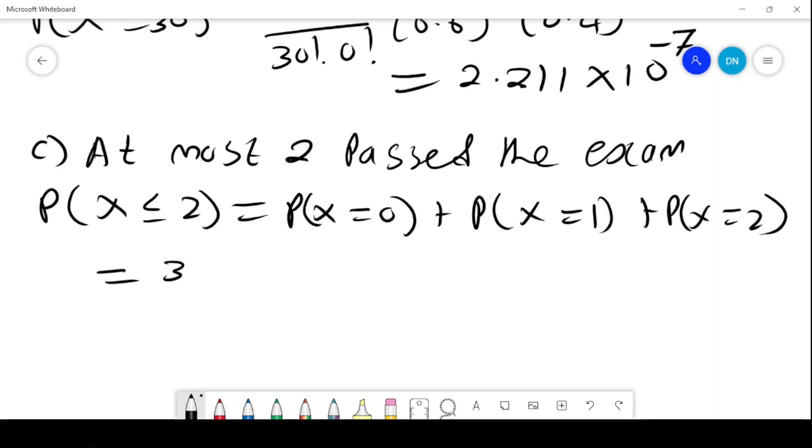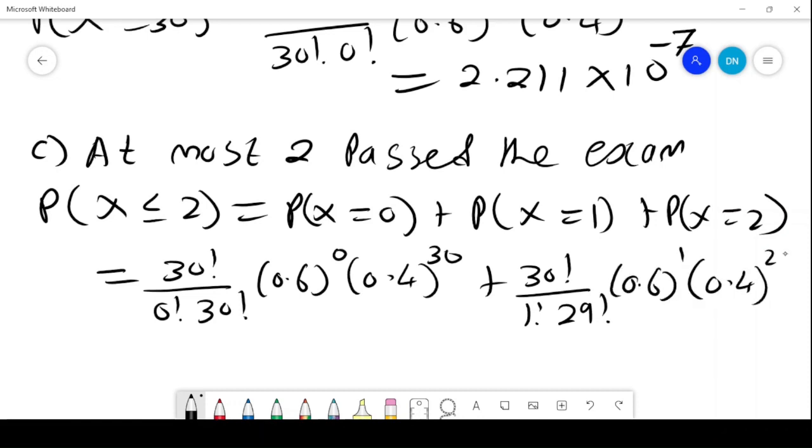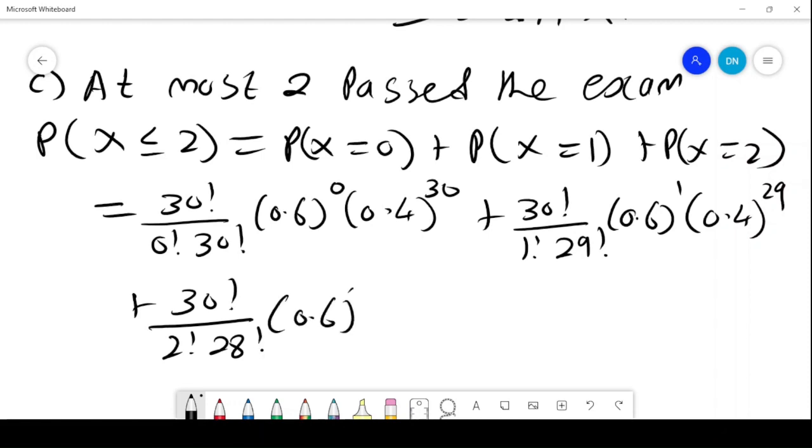This can be written as 30 factorial over 0 factorial times 30 factorial, 0.6 to power 0, 0.4 to power 30, plus 30 factorial over 1 factorial times 29 factorial, 0.6 to power 1, 0.4 to power 29, and then the third one will be plus 30 factorial over 2 factorial times 28 factorial, 0.6 to power 2, 0.4 to power 28.